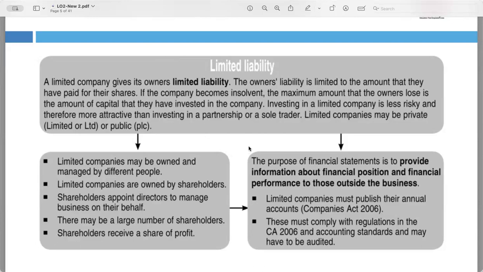These financial statements must comply with regulatory requirements and accounting standards and are often subject to audit to ensure accuracy and transparency. So the concept of limited liability coupled with strict financial reporting requirements ensures that limited companies operate with greater financial security and transparency, enhancing their credibility and attractiveness to investors.